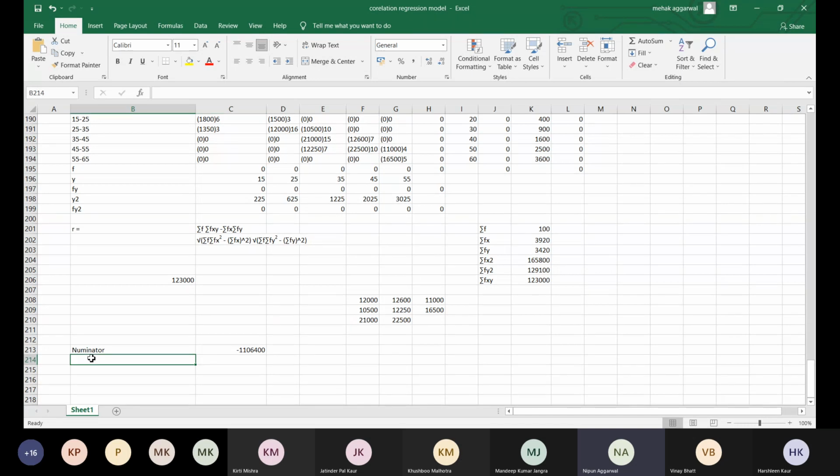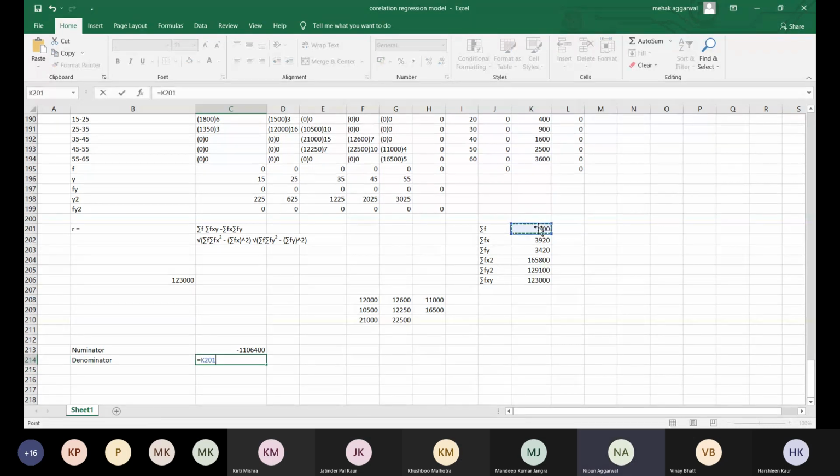Now the denominator is the first term under root of. So again we are calculating in two steps. So first is again sigma f, which will be equal to 100, into summation fx square.